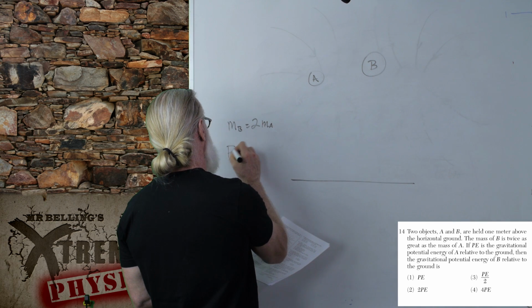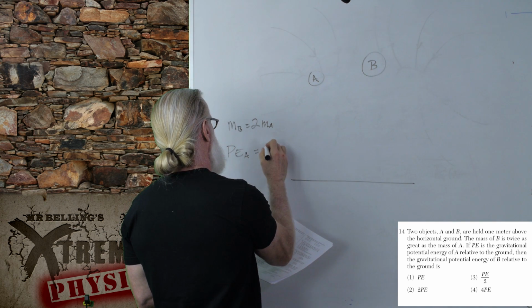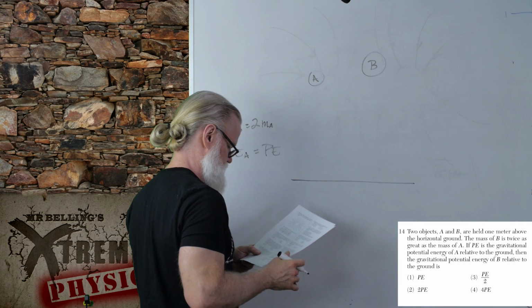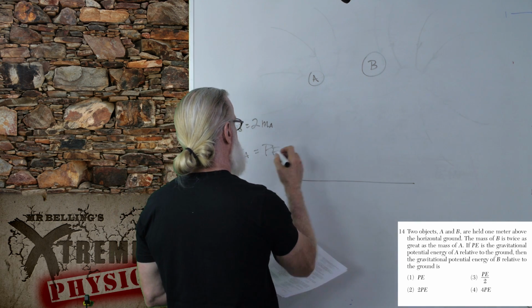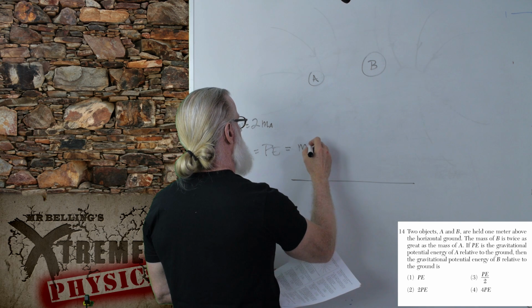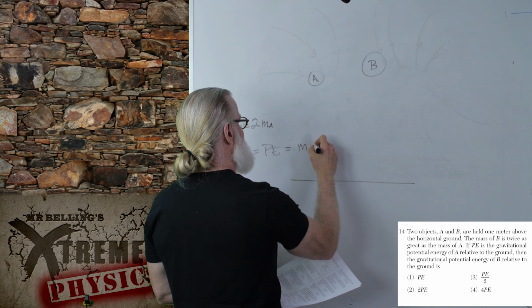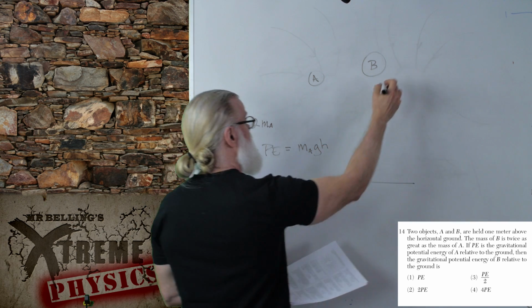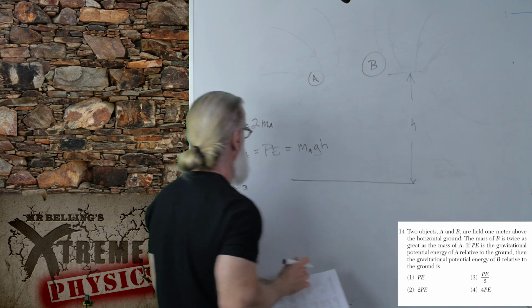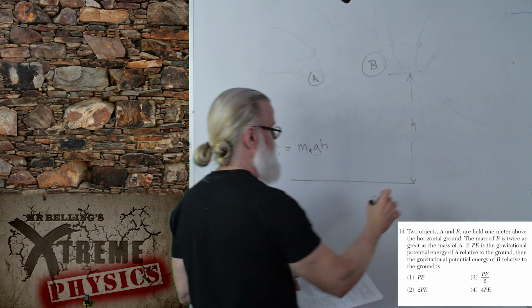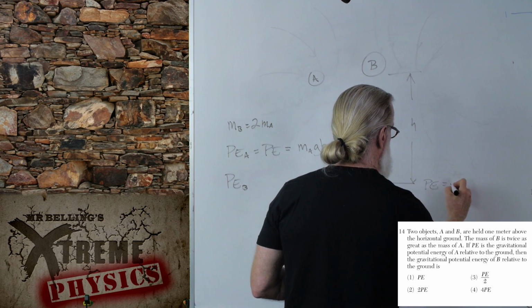So the potential energy at A, they're going to call PE, and the potential energy at B. Well, what is this? M-A-G-H, and these are both height H. That's the potential energy at A. Relative to the ground, I'm going to say the potential energy is 0 here.